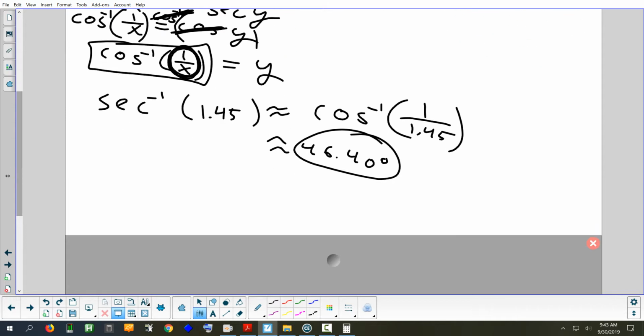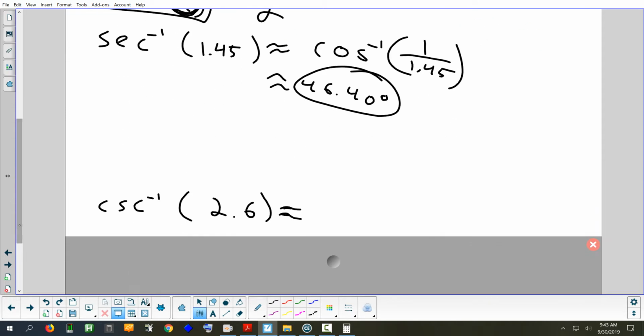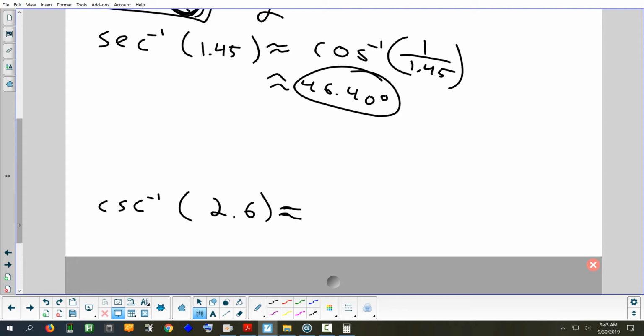Okay, let's try this one. Brandon, do I have an inverse cosecant button on the calculator? No. So I've got to find the button that I do have that goes with inverse cosecant. So think back to last week. What trig function do we use with cosecant?